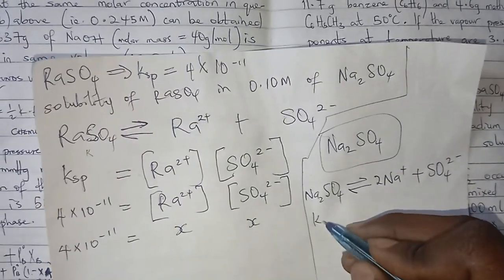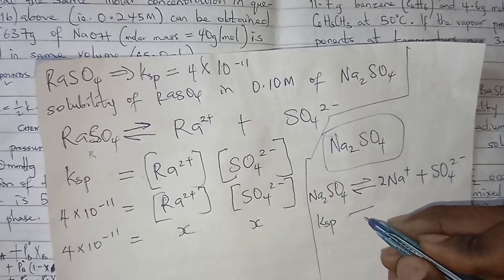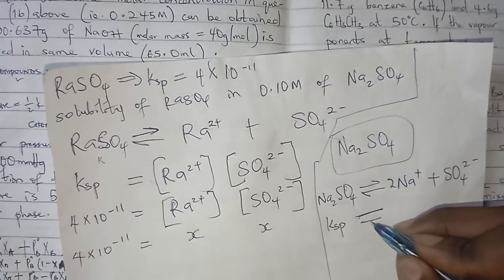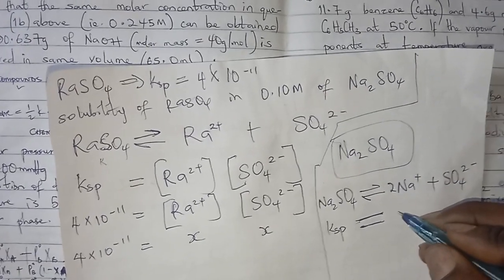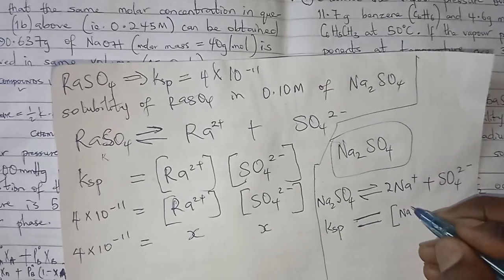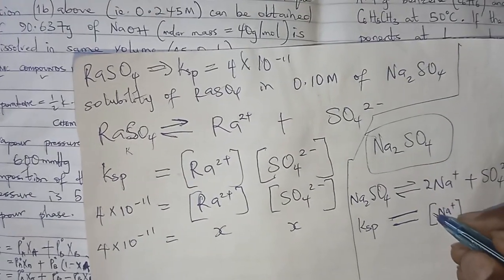That means its Ksp is going to give me equals to, we don't use this for Ksp. I know that in some textbooks you see this as Na+ only, then the 2 you don't have to put, but you will still see that when you are multiplying the value of that 2 you will still put it.